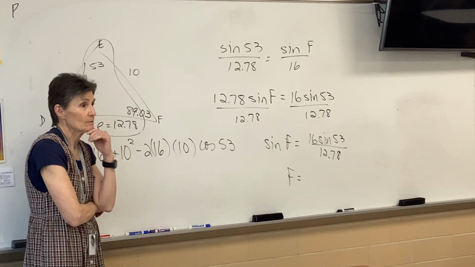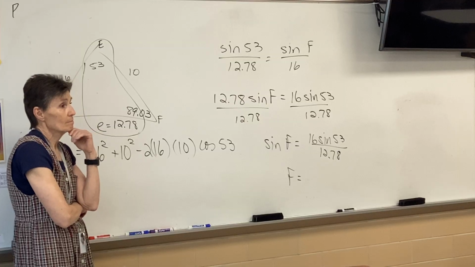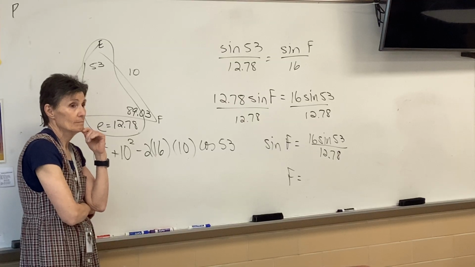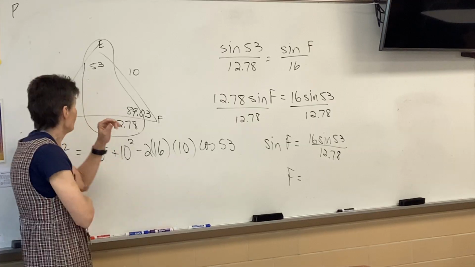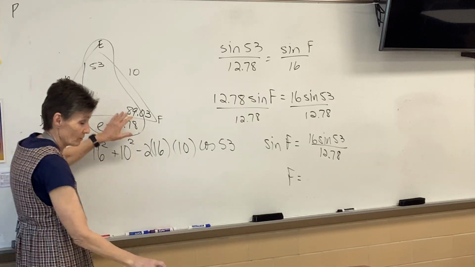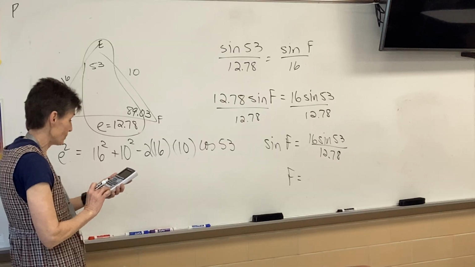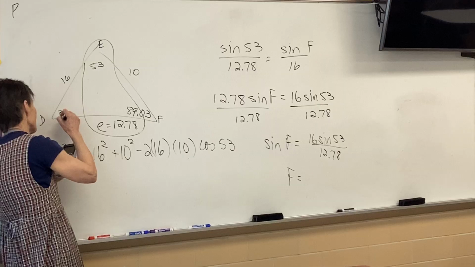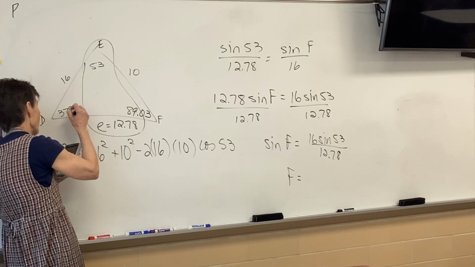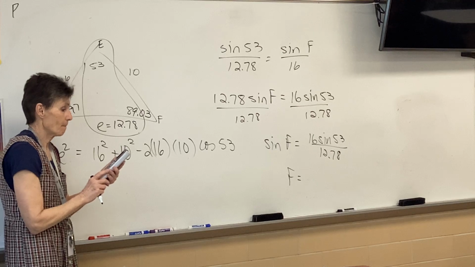Now we need angle D. Subtract from 180. Once you have now 2 angles, we can subtract those from 180, and this one is 37.97. Is that right?